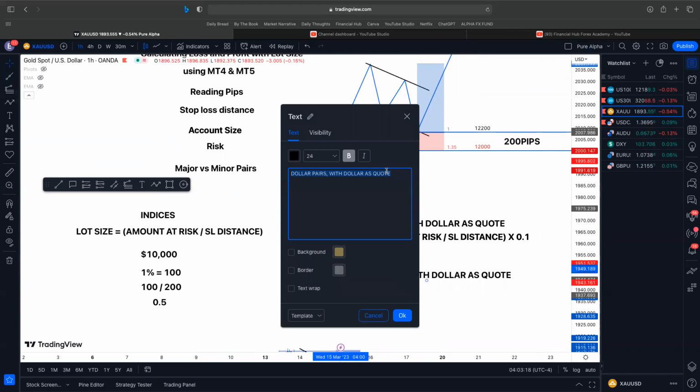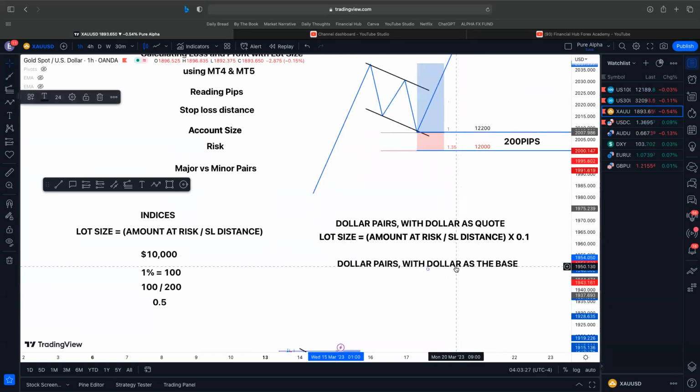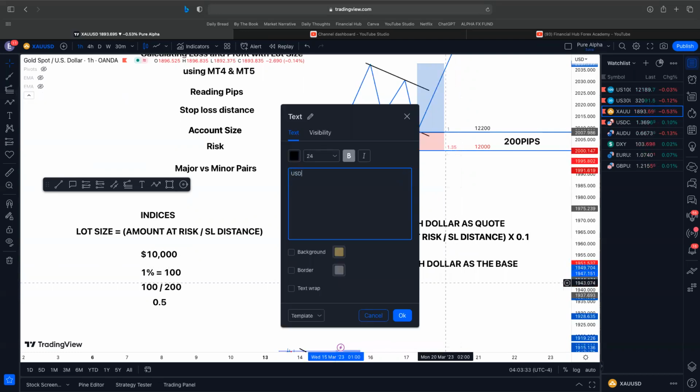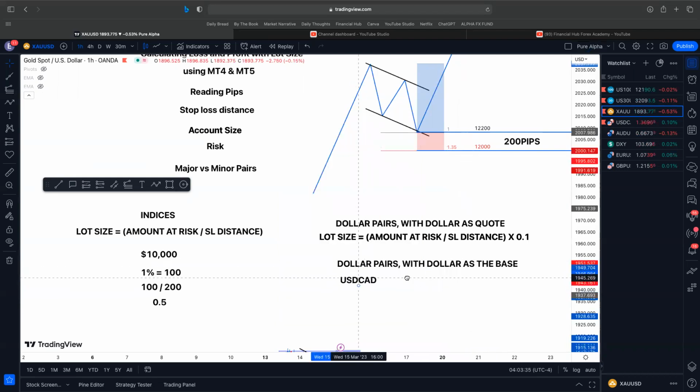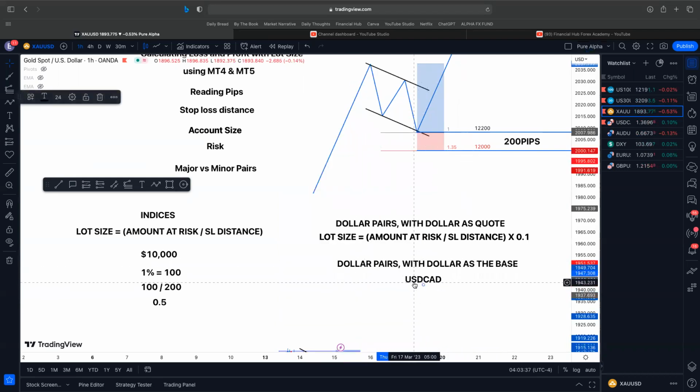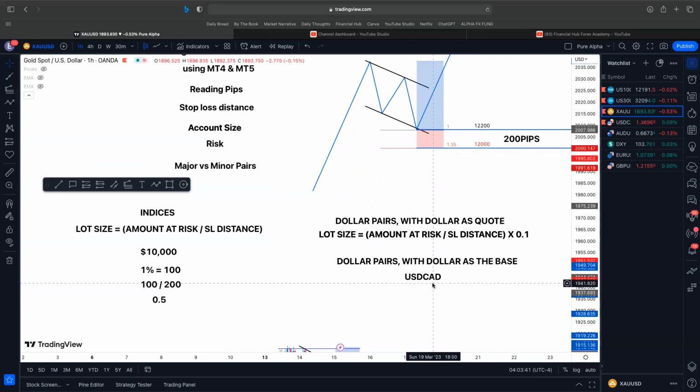Now, dollar pairs with the dollar as the base. Now this is different. For example, when you're trading a pair like one pair that I trade all the time, USD CAD, notice that this one has the dollar as the base currency and not as the quote. So you're going to do more or less the same thing.